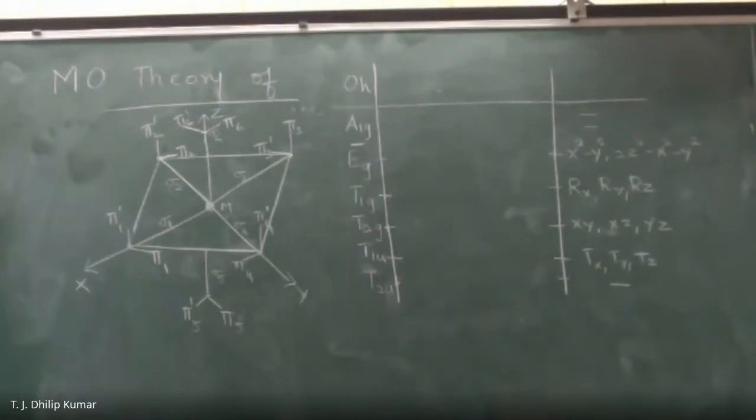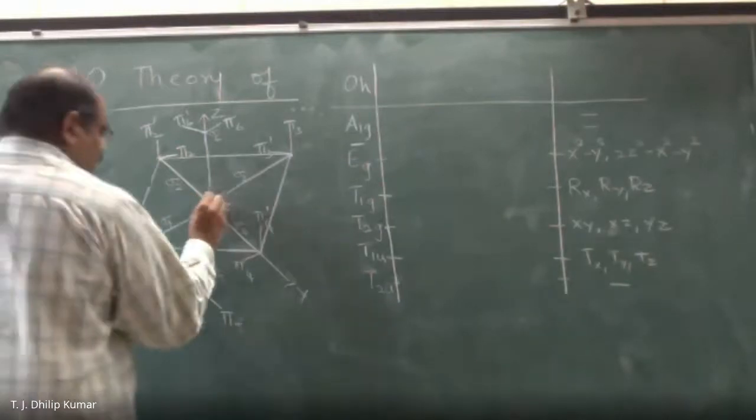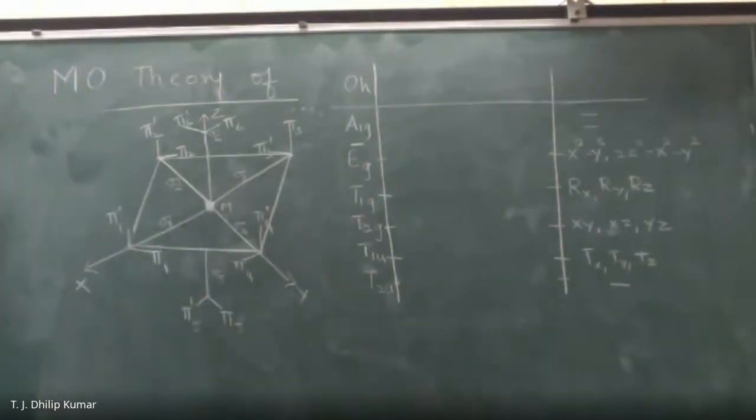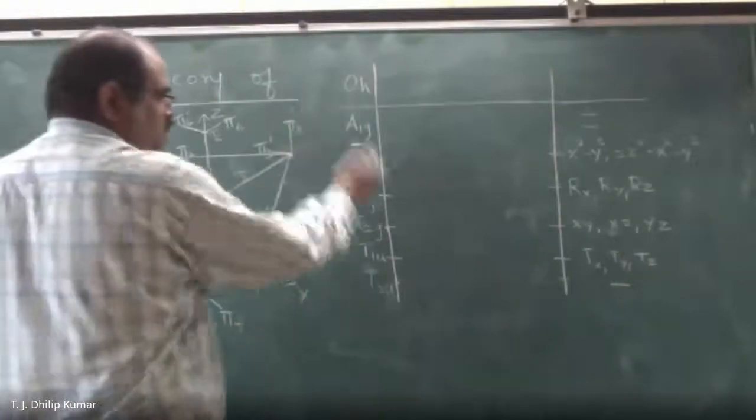Now let's go back to the central metal ion or atom. If you write the reducible representation for this central metal atom, it's spherical, right? So it can be a combination of all these things.